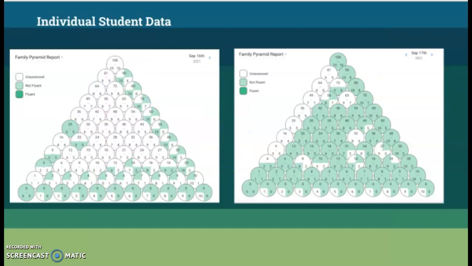Here's some student data from the very beginning, from September 16th and 17th. These are 2 different students. As you can see, neither one of them was fluent in any of their facts starting back in September. Some reasons for this could be that it was still early in the school year and they were getting back into the swing of things.